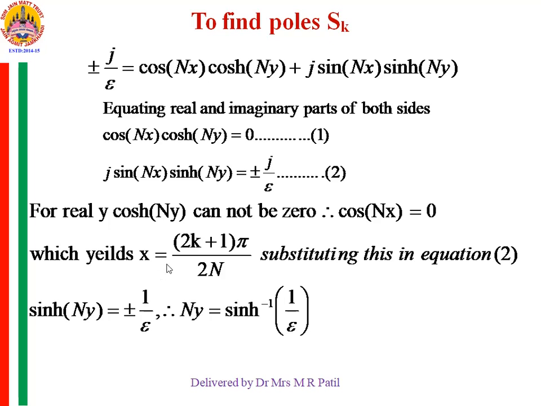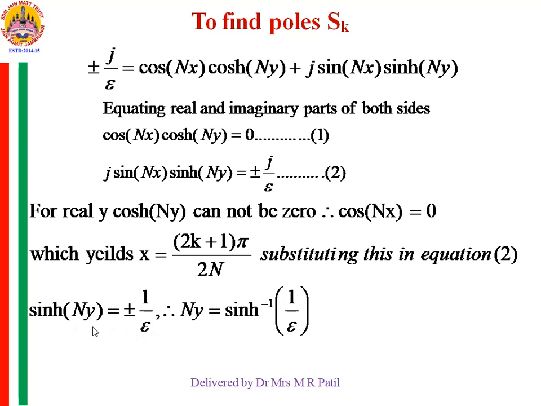Substituting this value of x in the second equation here, you will get sine of odd pi by 2, and the value of that is equal to 1. So therefore j and j on both sides get cancelled, and you will remain with sine hyperbolic ny is equal to plus minus 1 by epsilon.